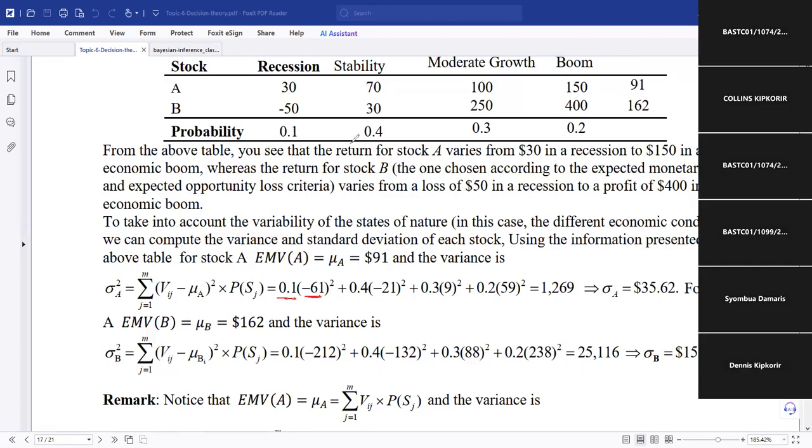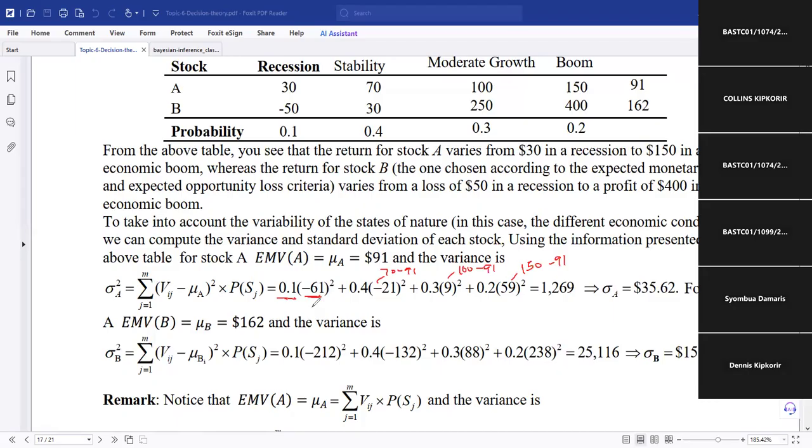The second one, I'm taking 70 minus 91, which is giving me negative 21. This here is again the 100 minus 91, which is giving me a 9. And this one here is the 150 minus 91, which is giving me a 59. And this is multiplied by the corresponding probability.